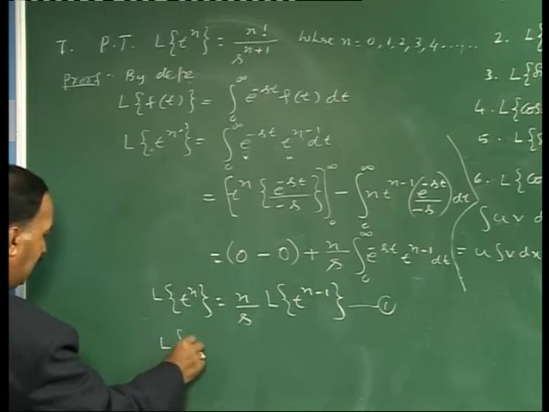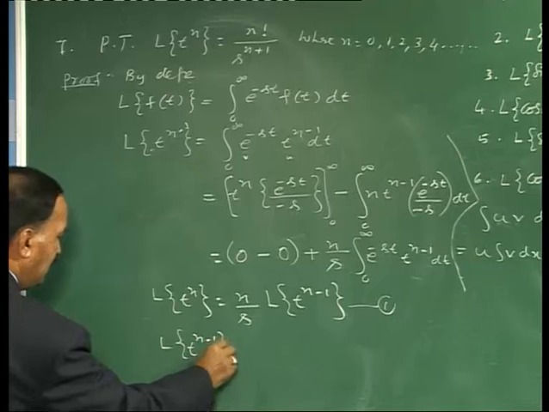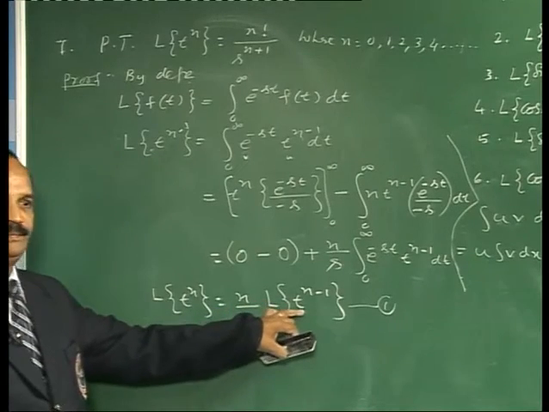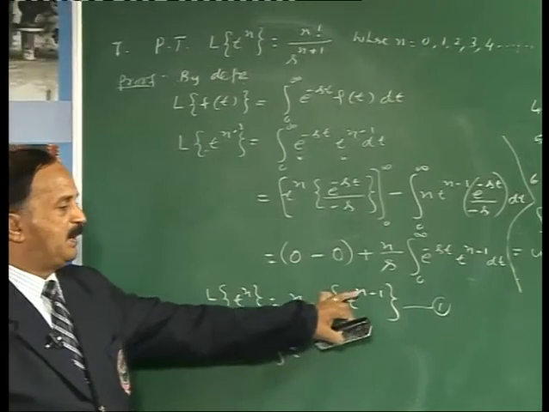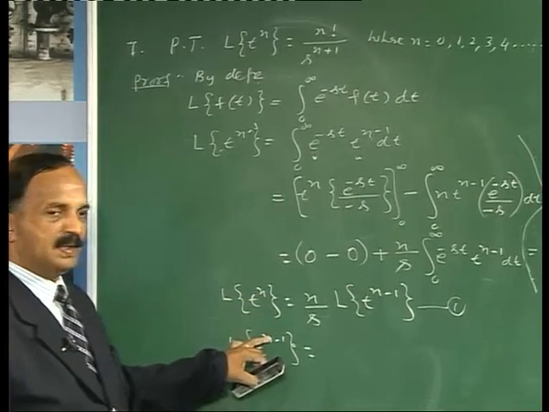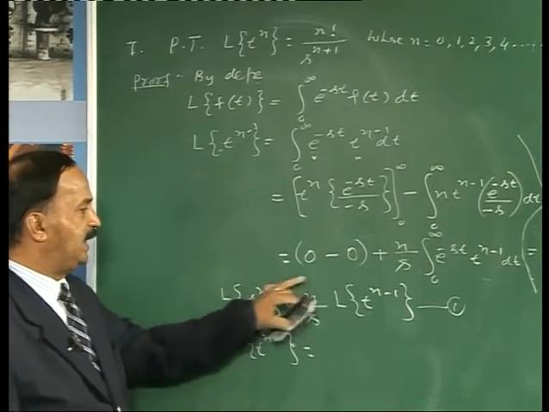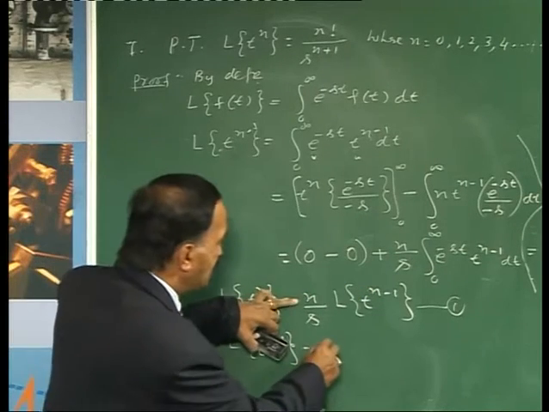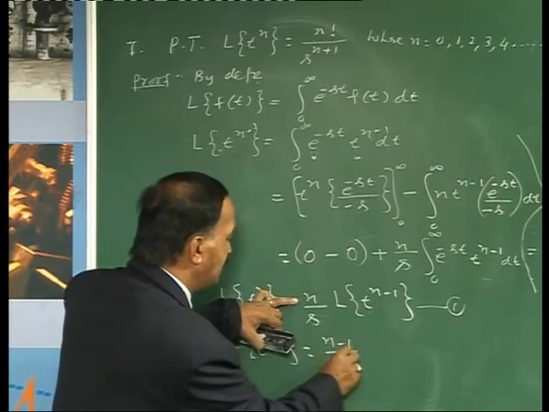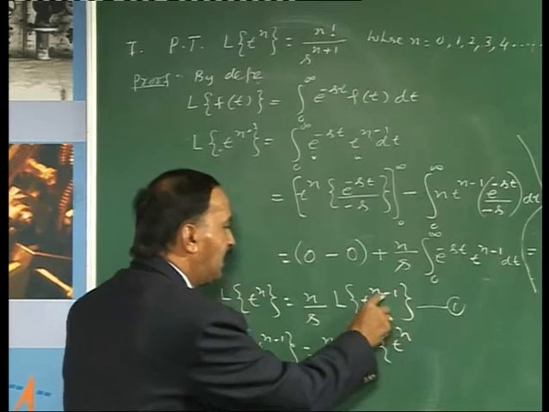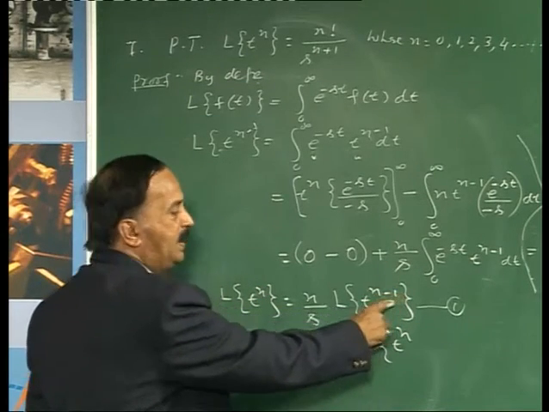Similarly, L of t to the power of n minus 1 is equal to, next you find this value. L of t to the power of n minus 1, replace n by n minus 1. In place of n, you write n minus 1 here. Then this becomes n minus 1 by s into L of t to the power of n minus 1 minus 1.